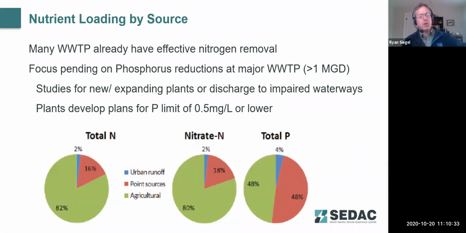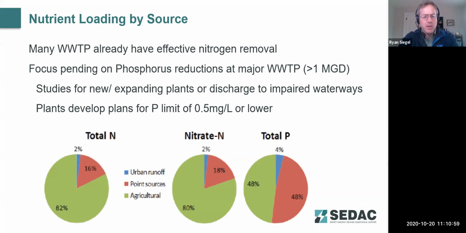The goal is that plants need to develop plans to achieve phosphorus limits of 0.5 milligram per liter or lower. Previously, this was upwards of 1 milligram per liter. Fortunately, so far, we have not had to go to the much more stringent 1/10 of a milligram per liter.